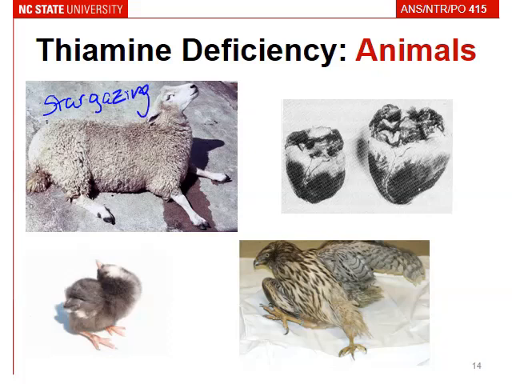Similarly, this chick here has stargazing. Here we have this hawk that is thiamine deficient, and it has neurological issues and a difficult time flying. And here we have the heart. So this one on the right-hand side is deficient.